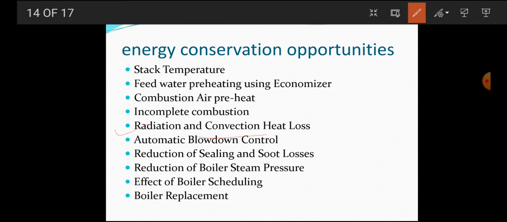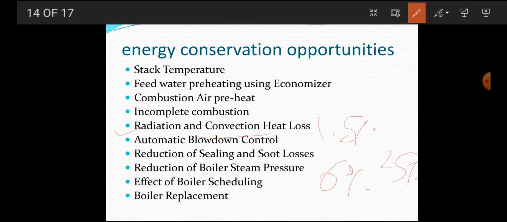So the heat loss depends on the surface area and not on how much output it is delivering. With modern boiler designs, this may represent only about 1.5% of the gross calorific value at full rating, but will increase to around 6% if the boiler operates at only 25% output. So if the output is very low, the losses will be very high.